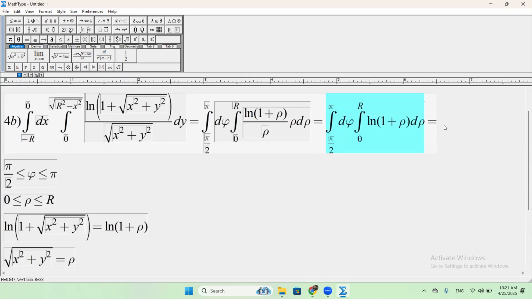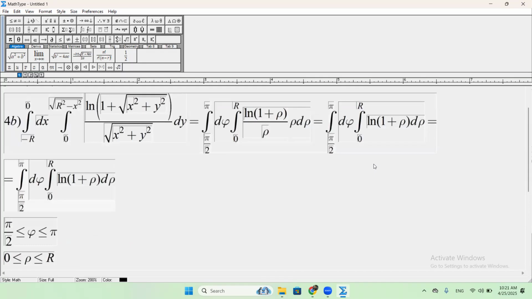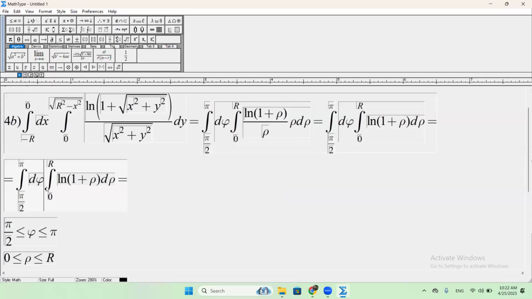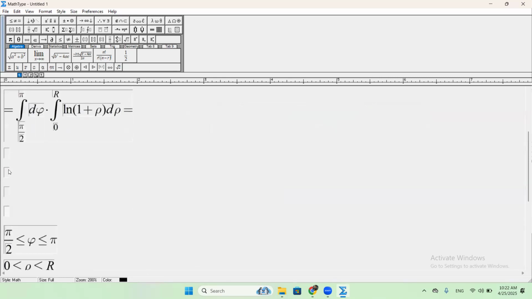So let's do it. Okay, and now let's calculate two integrals separately.